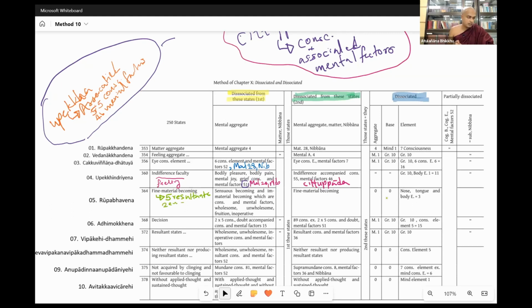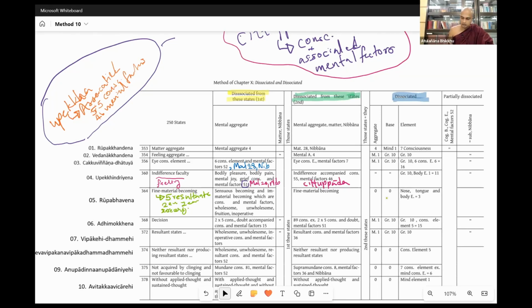Eye consciousness, and then 2 ear consciousness, and 2 receiving chittas, 2 investigating chittas are there. Okay, Sampatichana, Santirana. Okay, Mr. JJ has sent this. It's correct. Rupavachara, Vipaka, Chakku Viññāna, Sota Viññāna, Sampatichana, Santirana.